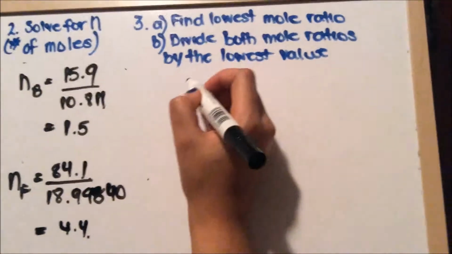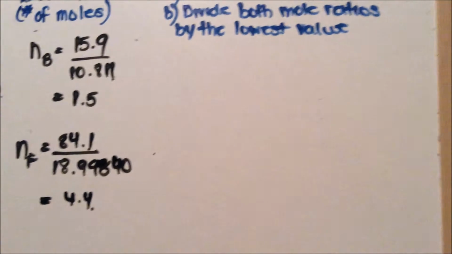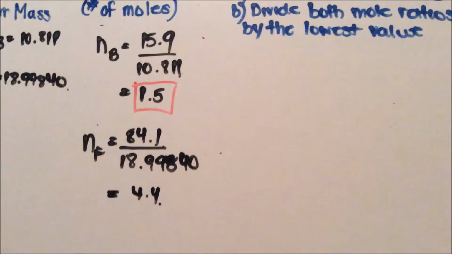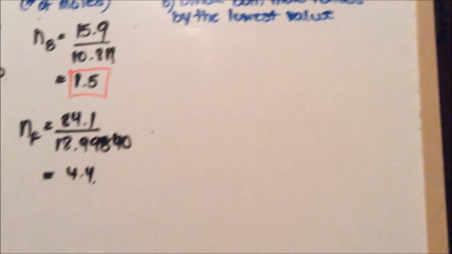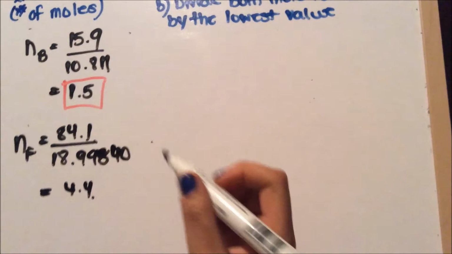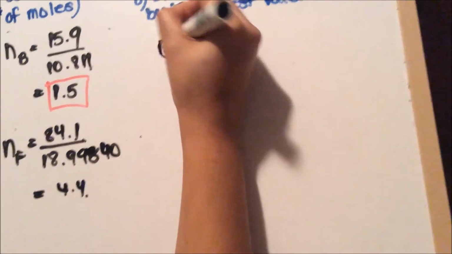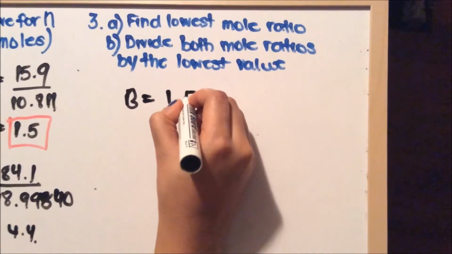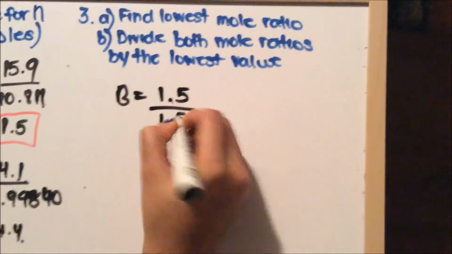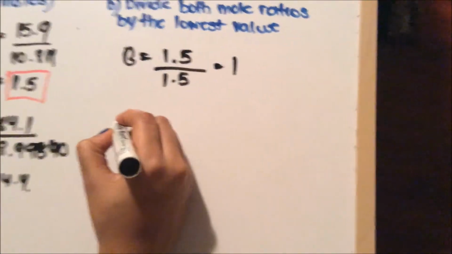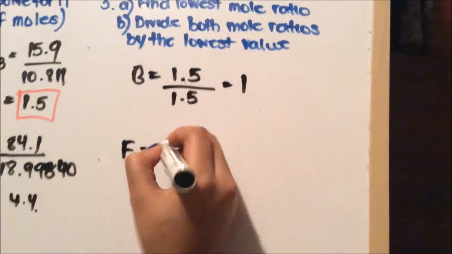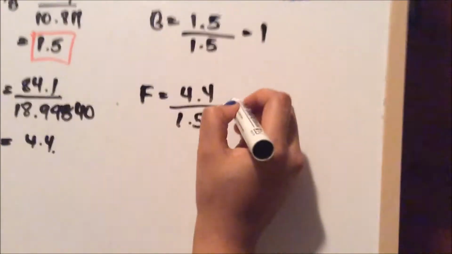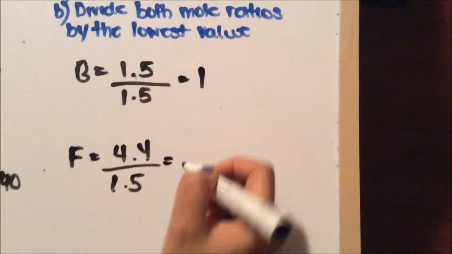So we're finding the smallest one, and that would be boron, 1.5. And then we're going to divide each by 1.5. And then for fluorine, 4.4 divided by 1.5. It's 2.9, but I'm just going to round it off to 3.